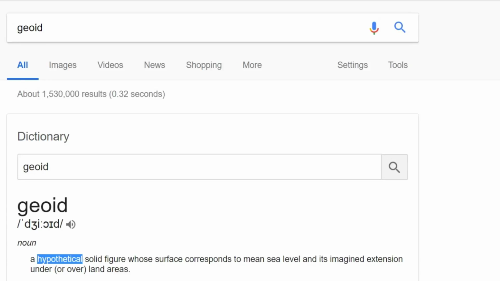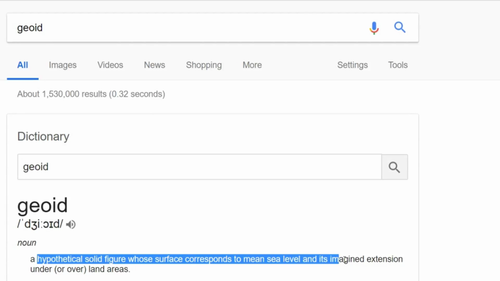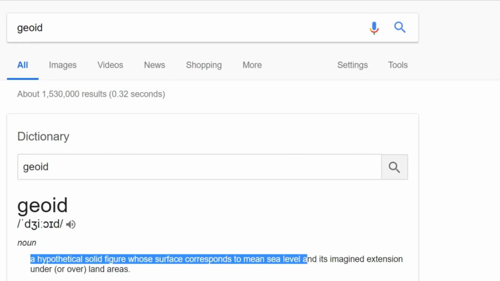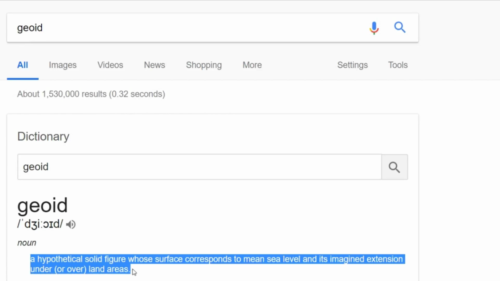So that seems to me a problem. But it's a hypothetical solid figure whose surface corresponds to mean sea level, and its imagined extension over or under land areas. So basically, Chris, what is this trying to describe? A hypothetical solid figure whose surface corresponds to mean sea level. What is it actually describing? This sounds to me that it's talking about nonsense.